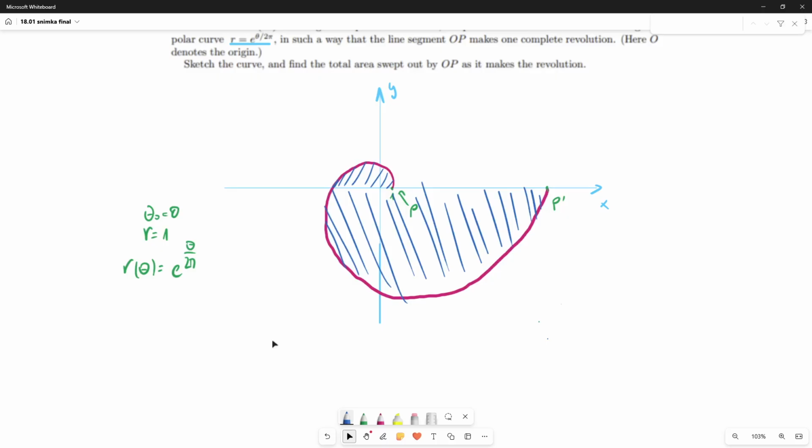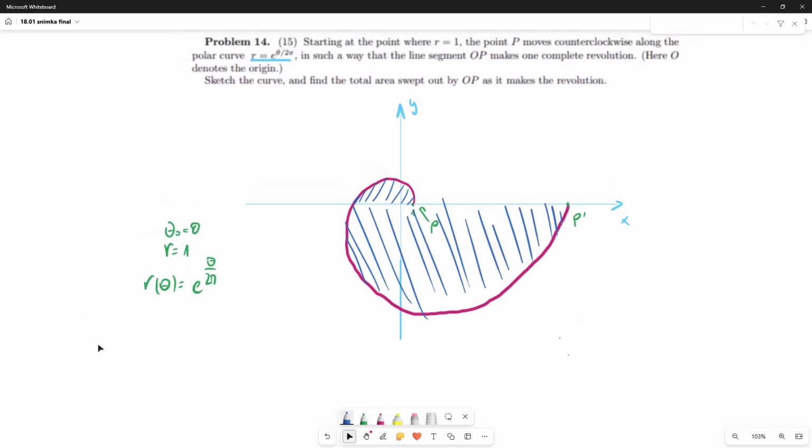But if we take a look at the polar coordinate system with dimensions theta and r, we see that r is a monotonically increasing function of theta. Therefore, it's going to be quite easy to find the area in terms of polar coordinates.